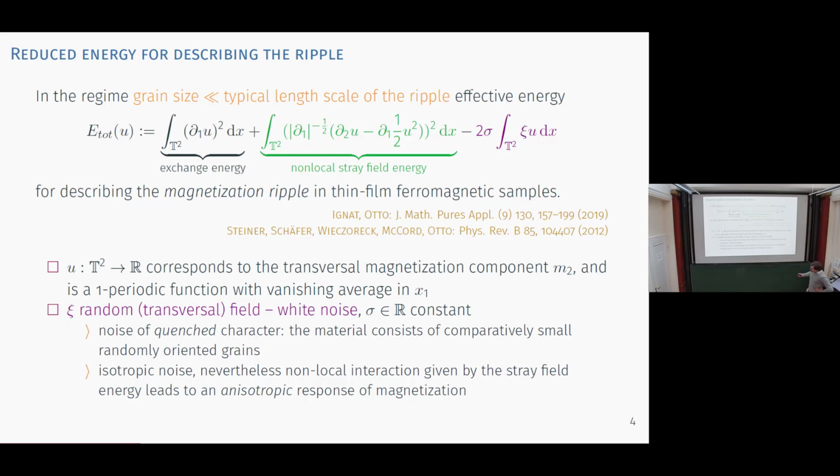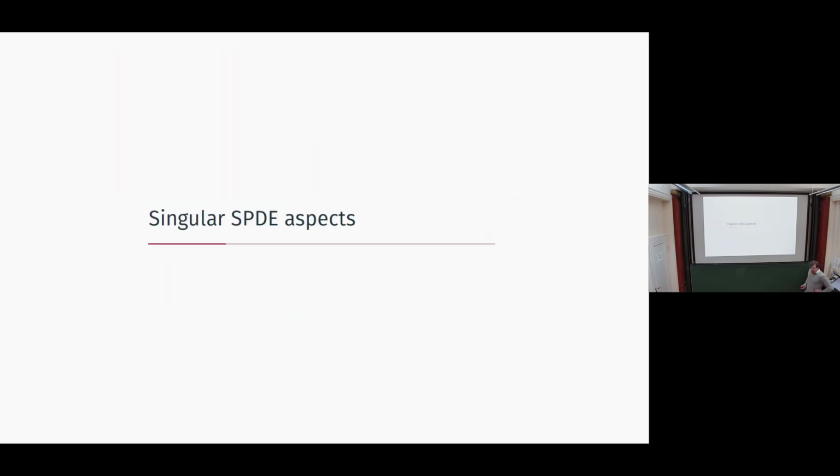Now, once we have this energy, the first step is to see what we can say about minimizers. Let me look at the Euler-Lagrange equation, which reveals subtleties that come from replacing our random field by a singular object like white noise.